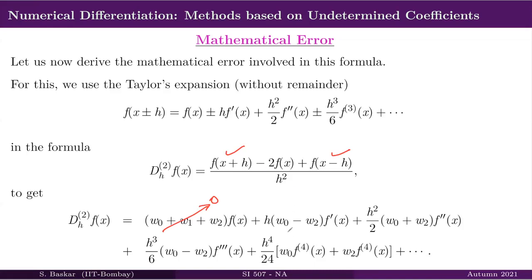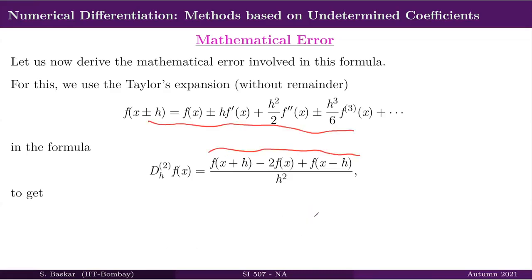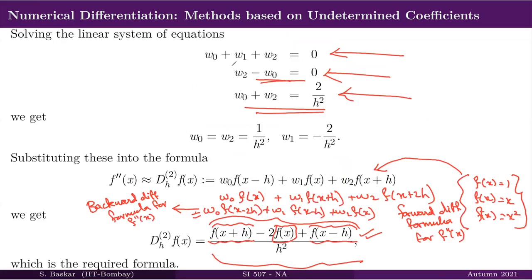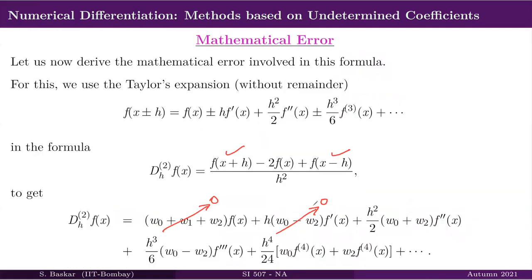And similarly, you can also see that this term is also becoming 0, because the way we have chosen W0, W1, and W2 suggests that W2 minus W0 is 0, right? Therefore, this term also becomes 0. In other words, when you substitute these two expressions, even the terms with f dash are getting cancelled. That is what we are seeing here.